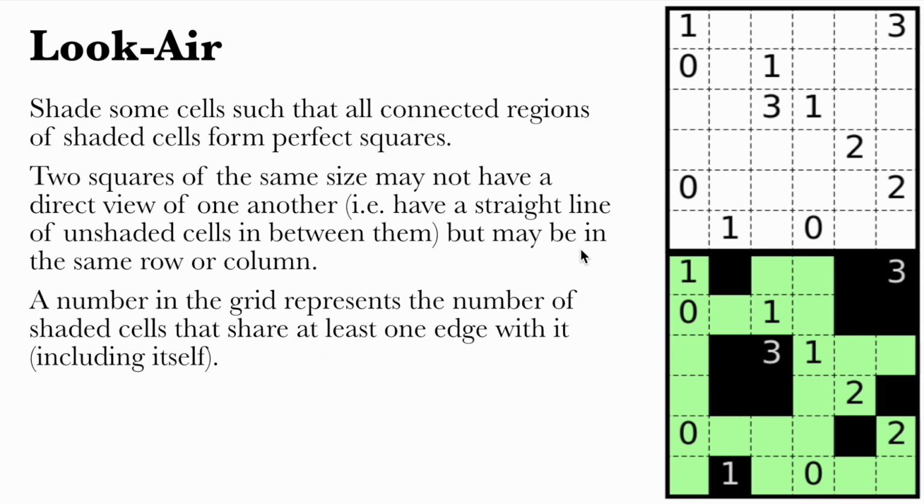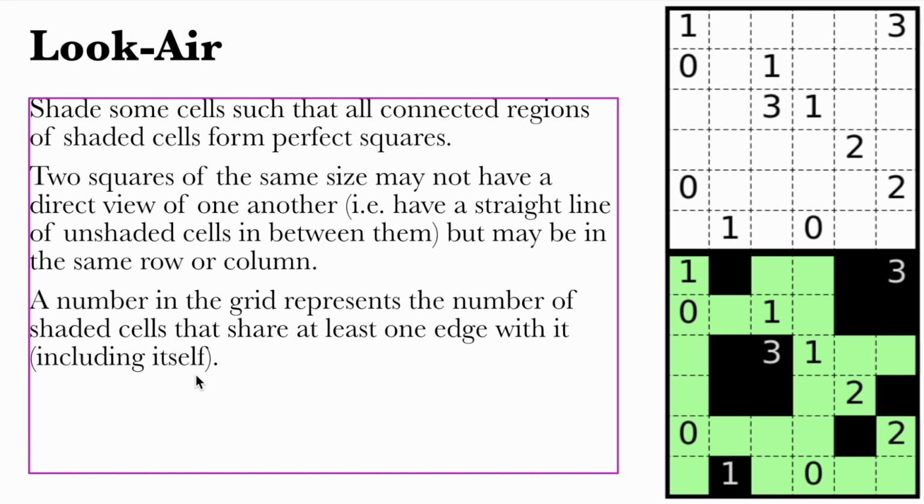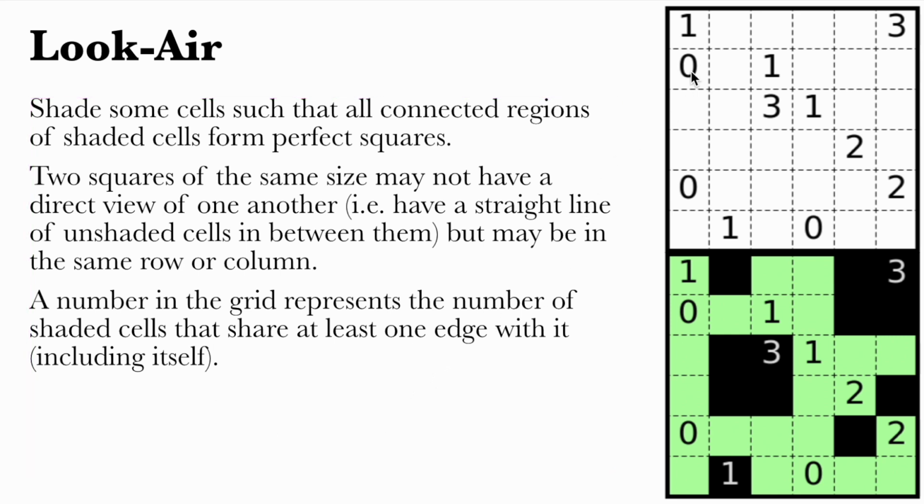So that is legal. A number in the grid represents the number of shaded cells that share at least one edge with it, including itself. So this number 0 is saying that not only is the 0 unshaded, all of the three orthogonally adjacent cells are also unshaded.